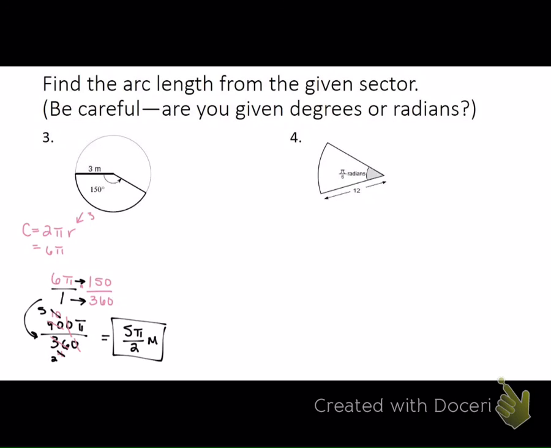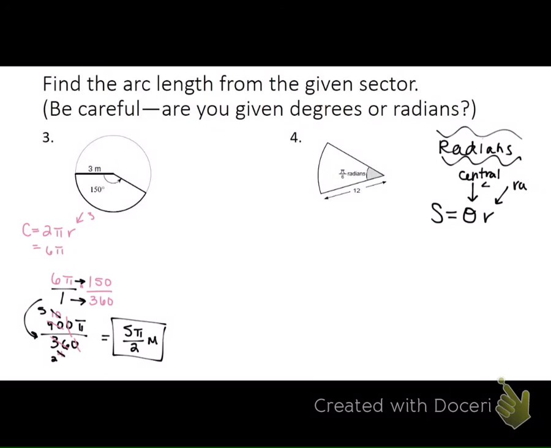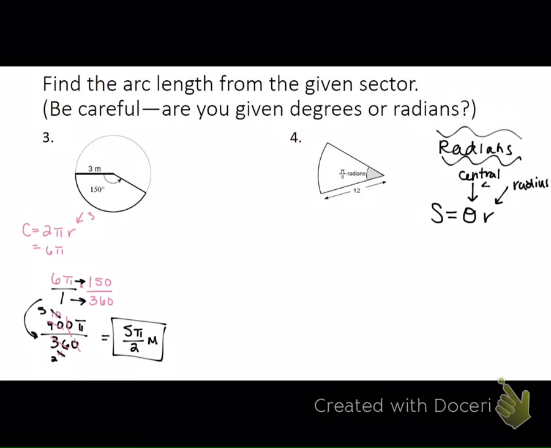Okay, the last one there, is that in radians or degrees? Radians. So we know that there's a specific formula that can help us when we're in radians, and only in radians. So we can do it this way if we are in radians. We can take our central angle and our radius and find our answer really quickly.